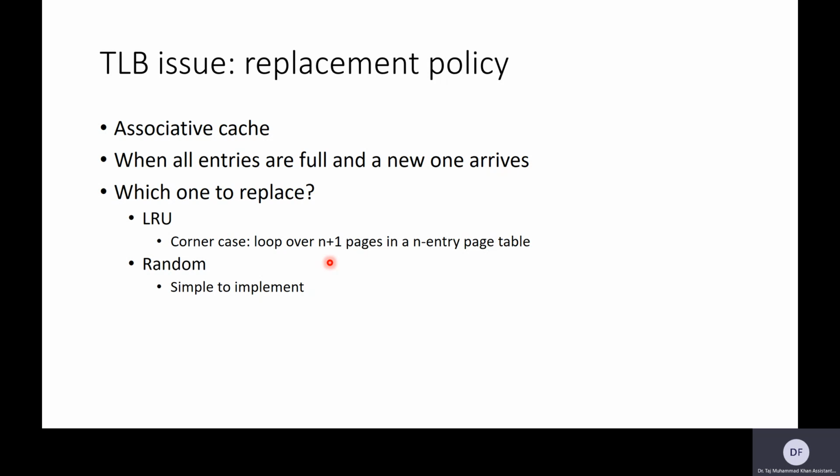To bring in the entry for page number 2, you overwrite the least recently used, which is page number 3. Then your loop accesses page number 3, whose entry you have just overwritten, so it again results in a miss. This is a pathological case that can arise in the LRU policy. The random policy is not affected by this.